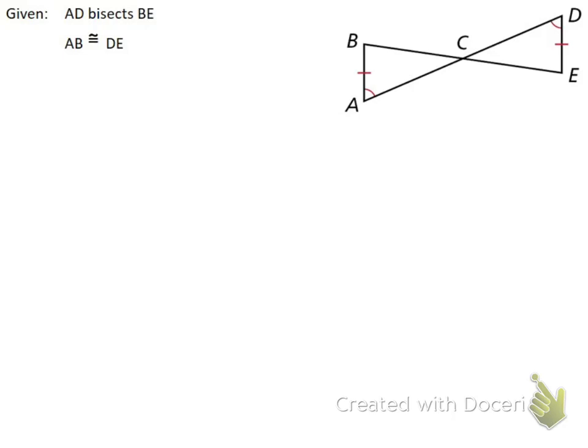With the example down at the bottom, same thing. First step, my given. Second thing, look at my written given statement. So AD bisects BE. A segment is being bisected, so BE is being cut in half.